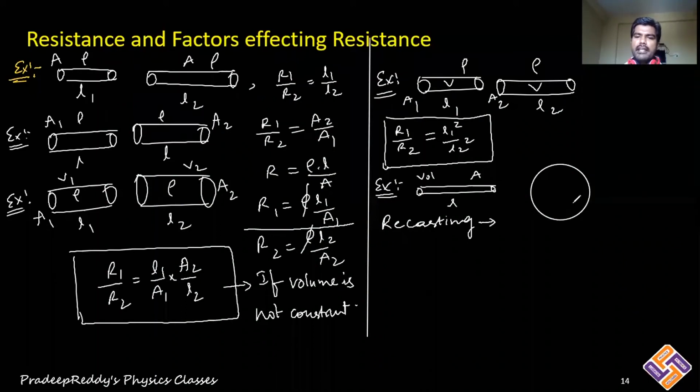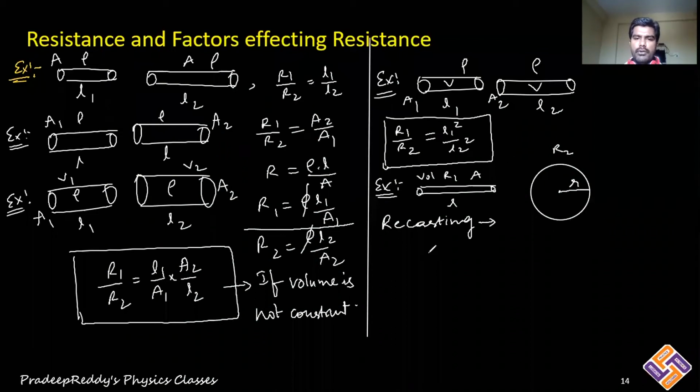So after recasting, what would happen? Its resistance was R1, and it becomes R2, and the radius is R. Now you want to find the final resistance of the conductor. Whenever you want to find the final resistance, in both cases the volume of the conductor is the same.